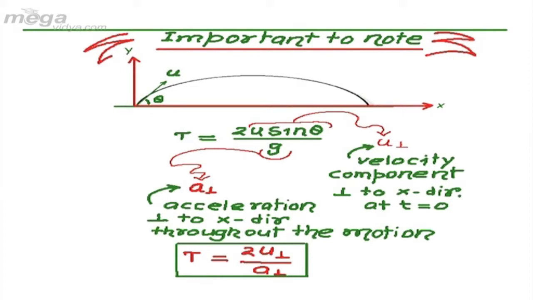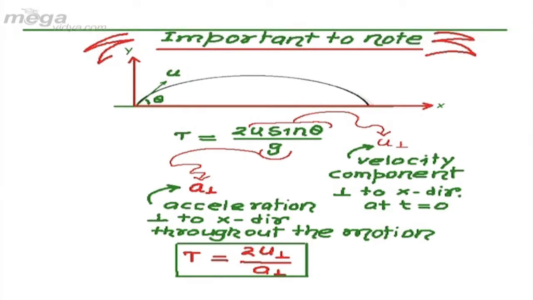Here, if we notice, u sine theta is the velocity component perpendicular to x direction at t equal to 0, and g is the acceleration perpendicular to the x direction throughout the motion.